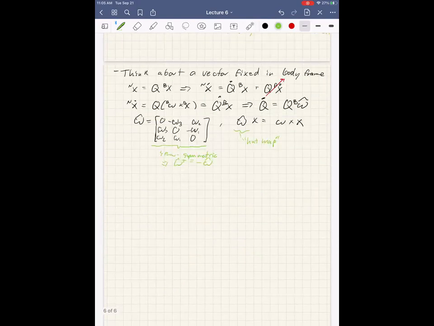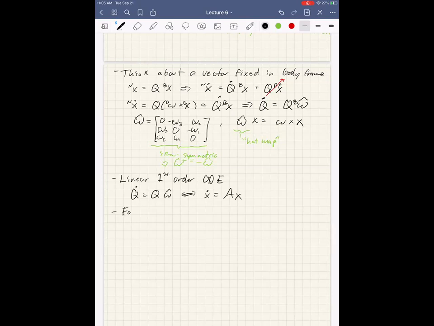Okay, so here are some fun connections with what we just talked about with linear systems. This Q dot equals Q omega hat thing is a linear first order ODE. So we've got, again, Q dot equals Q omega hat. If omega is constant, this thing looks just like x dot equals Ax, where the A is the omega hat now. So it's like a matrix version of this thing.